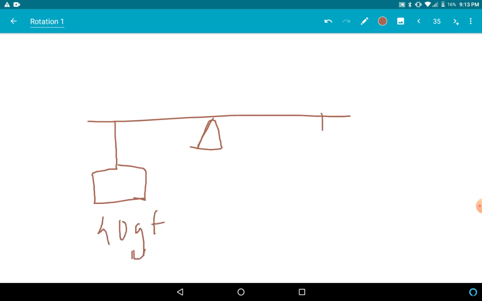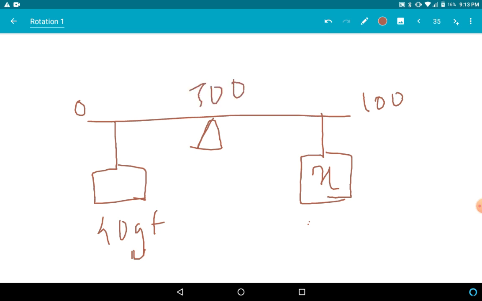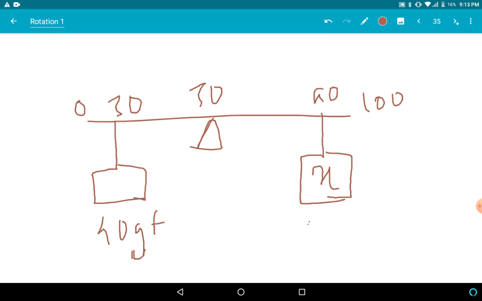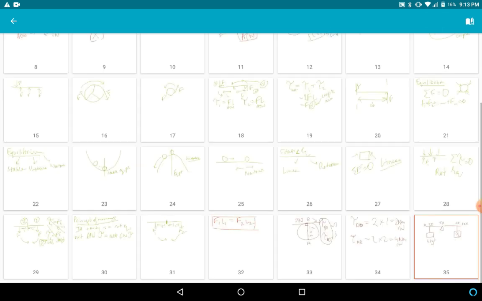Now I put a weight of X. This is 0, 100, 50, 90, 30. Now tell me, what is the X so that it becomes in rotational equilibrium? What should be this weight X?